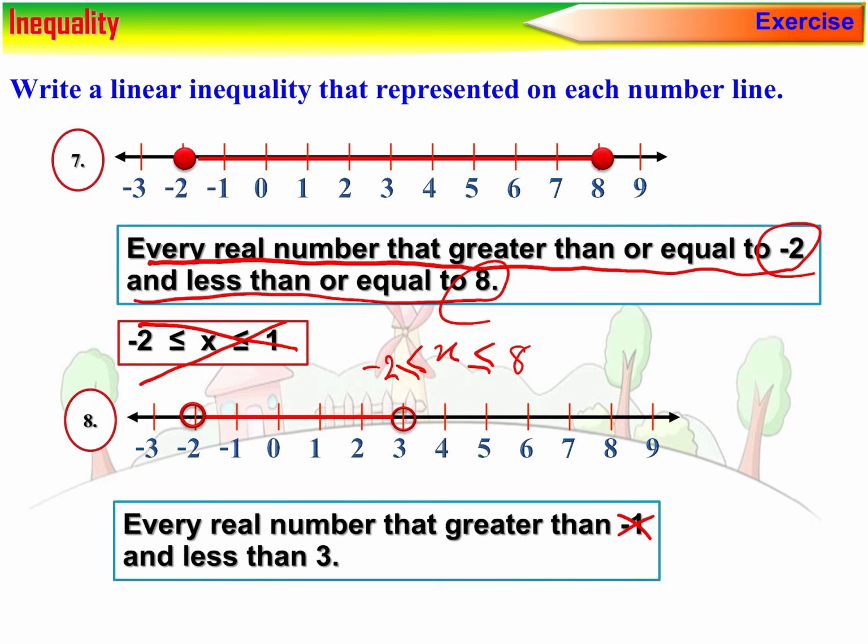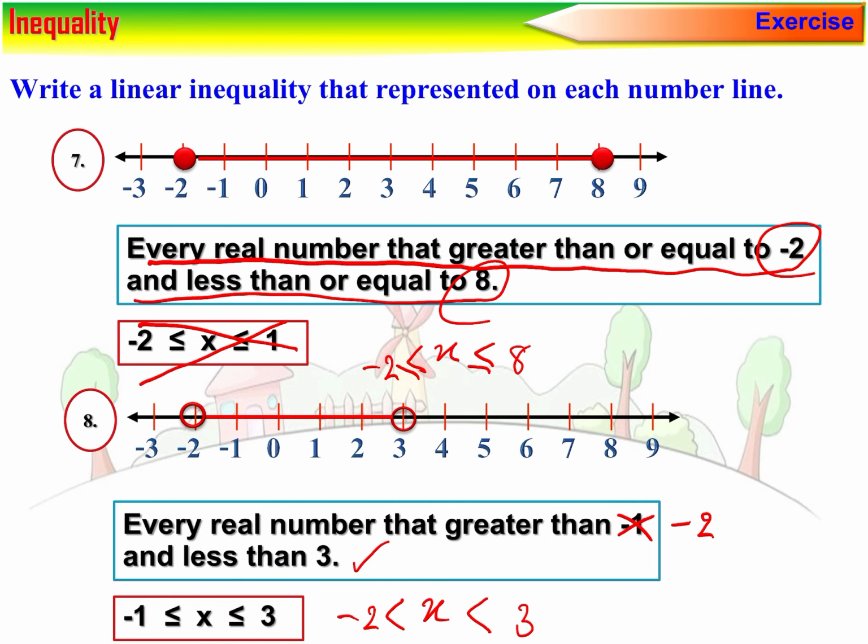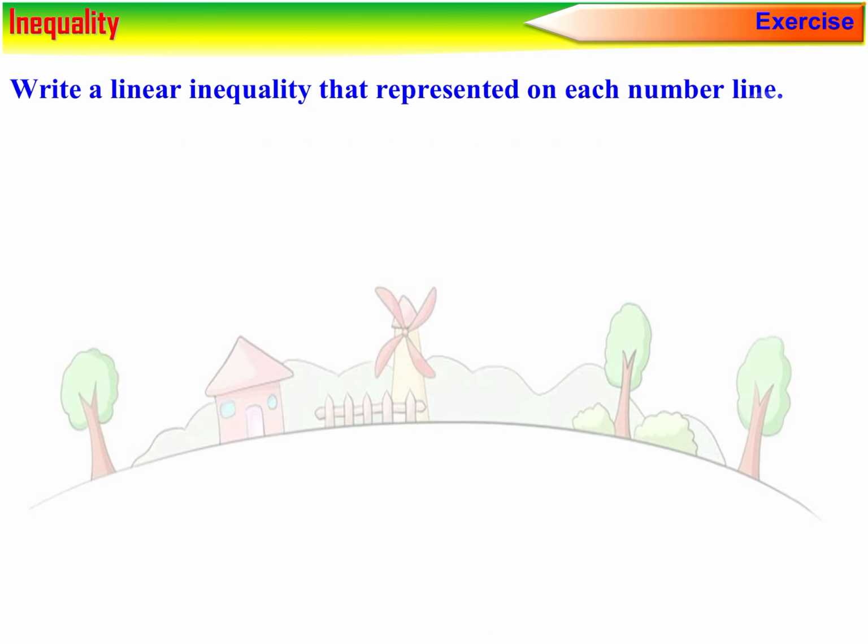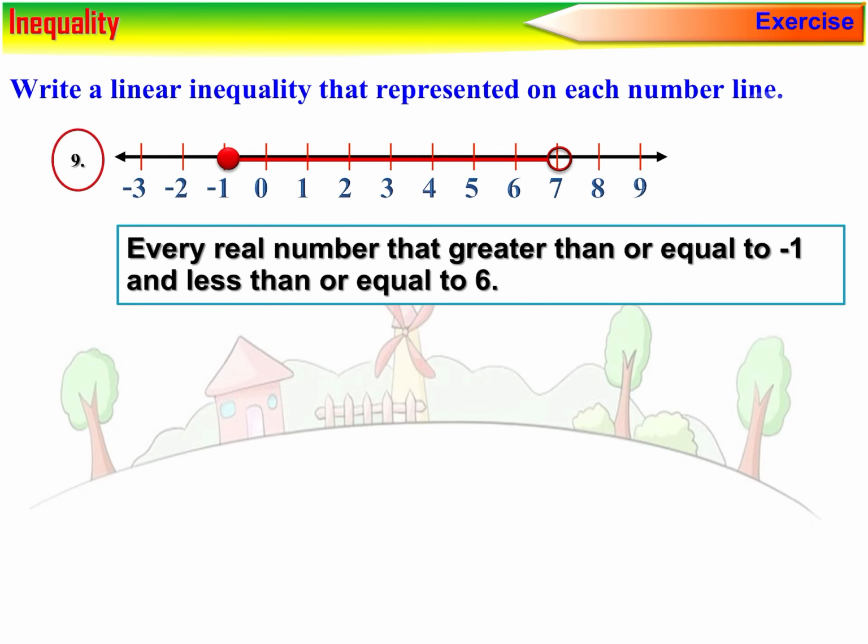This one, every real number that is greater than negative, oh, this one must be negative 2. And this must be 3. This is correct. So x greater than negative 2, less than 3, like this, right? It's also wrong.